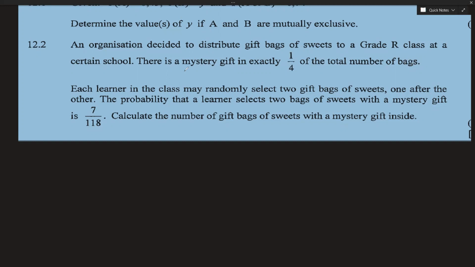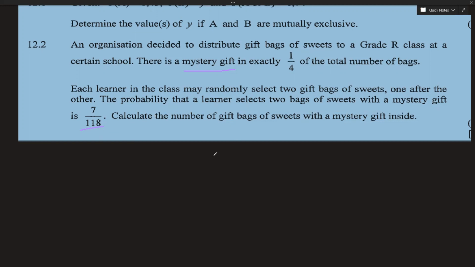Each learner in the class may randomly select 2 gift bags of sweets, one after the other. The probability that a learner selects 2 bags of sweets with a mystery gift is given. Calculate the number of gift bags of sweets with a mystery gift inside.